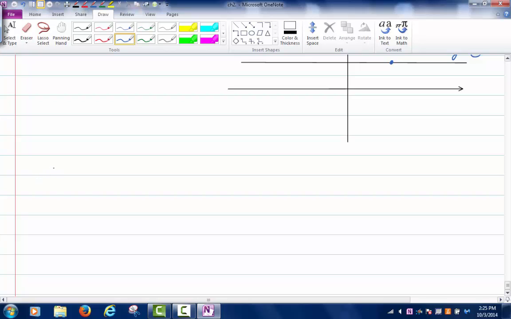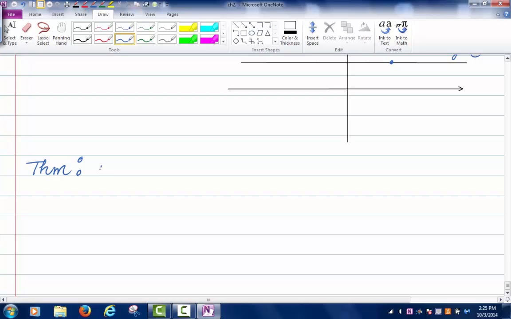Here is a theorem that's going to allow us to take the derivative of a sum of functions if we know the derivative of the individual summands.